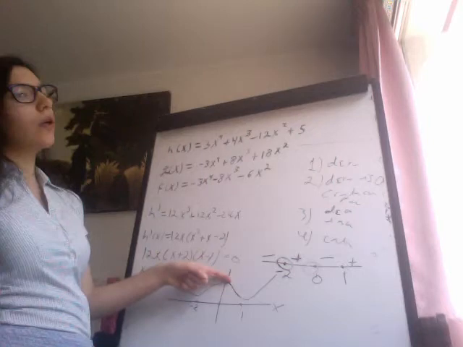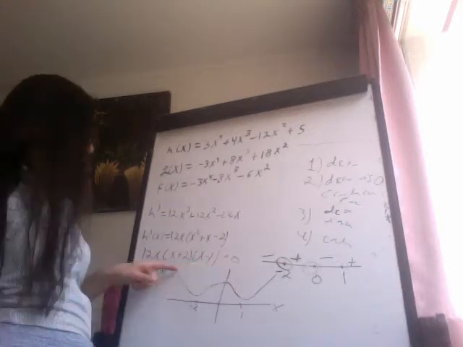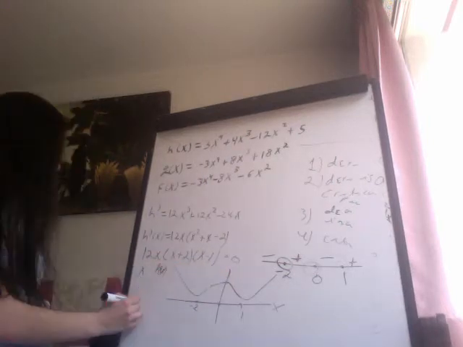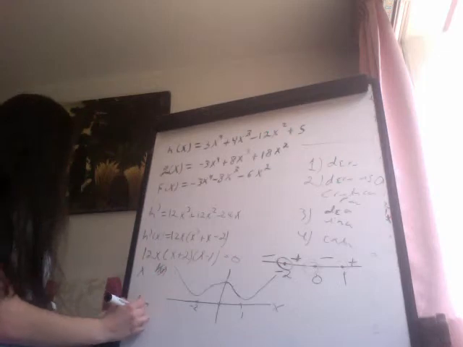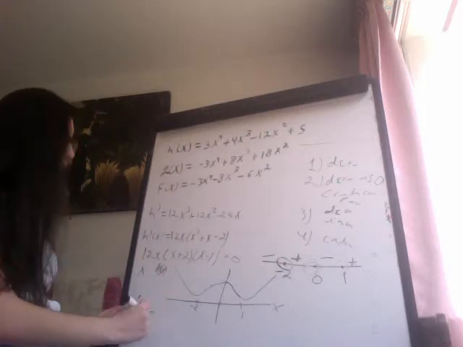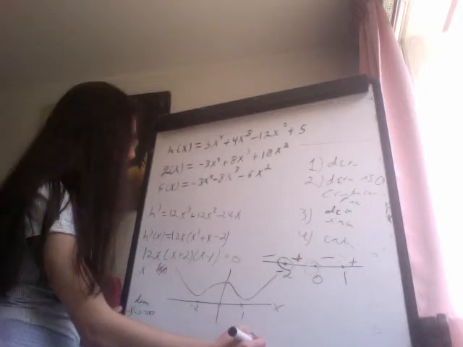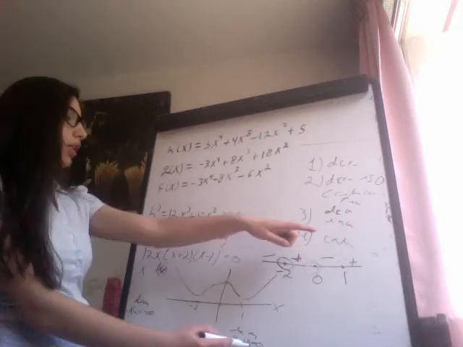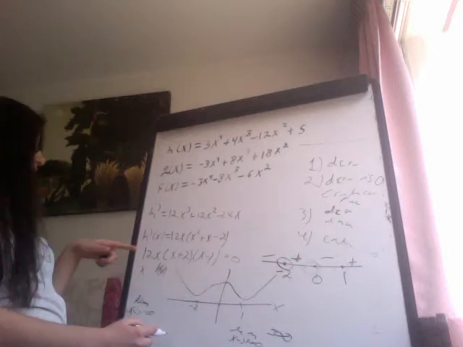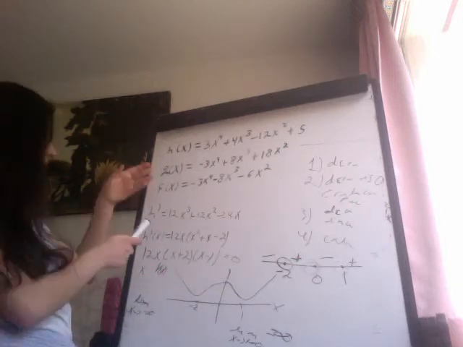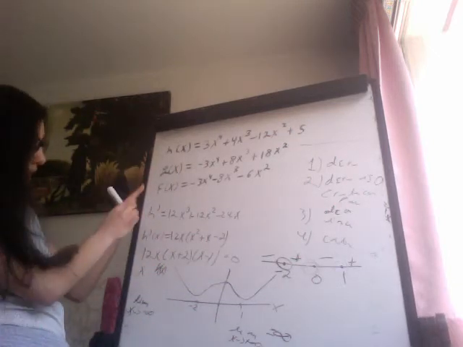We don't have an absolute maximum because when we walk from the limit as x approaches negative infinity to the limit as x approaches positive infinity, here the limit is infinity, and here the limit is also infinity, because we are coming from we don't know where, and we are decreasing.